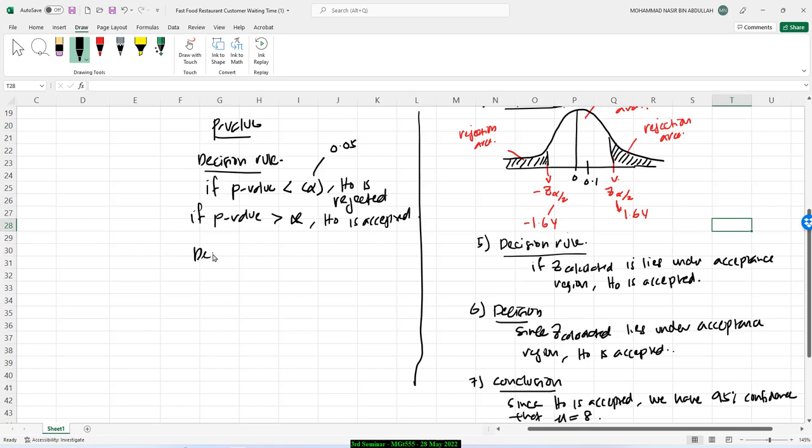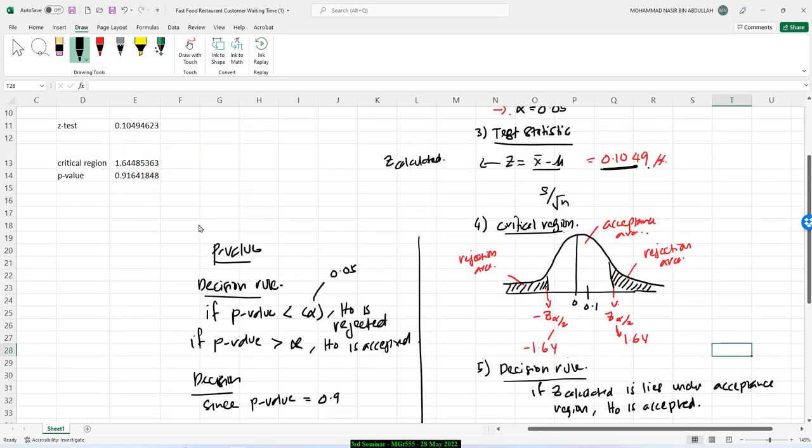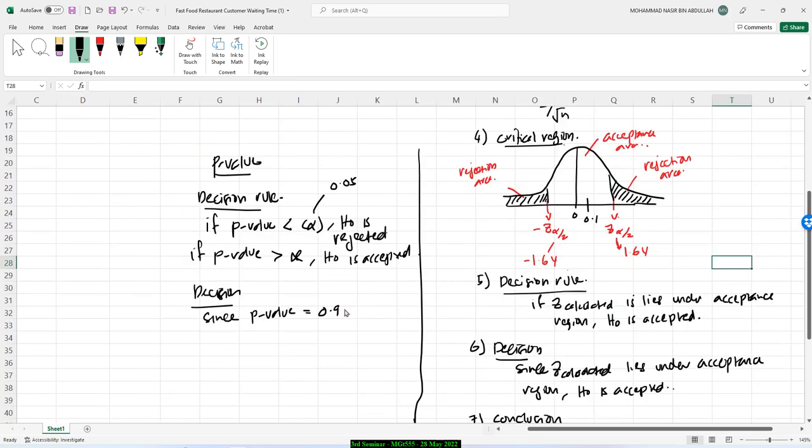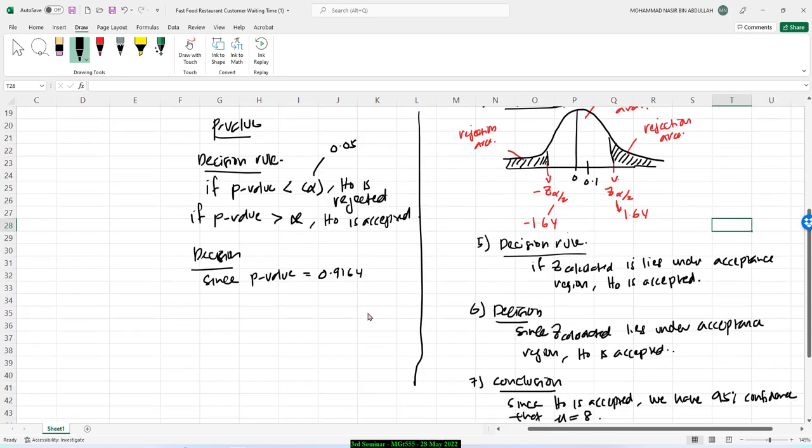So our decision, since the p-value is equal to 0.91, 9164, is it? Right? So more than alpha, right? More than alpha, which is 0.05, null hypothesis is accepted.